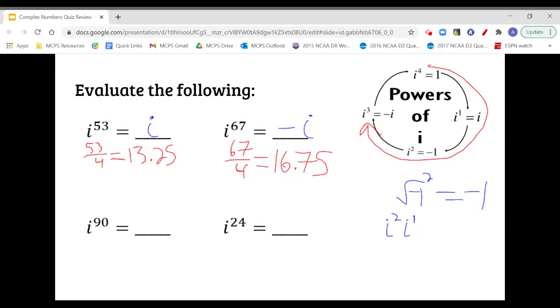But I already know from this last step that i squared is equal to negative 1. I just found that right here. Okay, so I can replace i squared with negative 1. i to the first power can't be simplified, but that leaves me with just negative 1i, or in other words, negative i. Okay, and that is why i to the 3rd is equal to negative i.